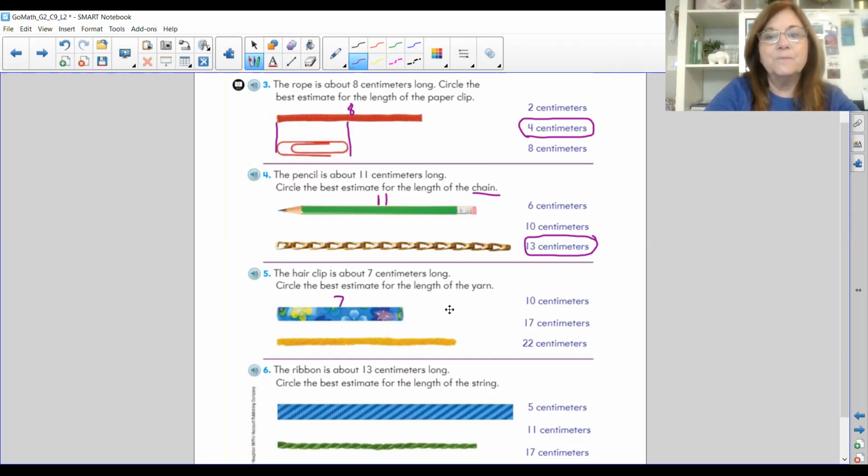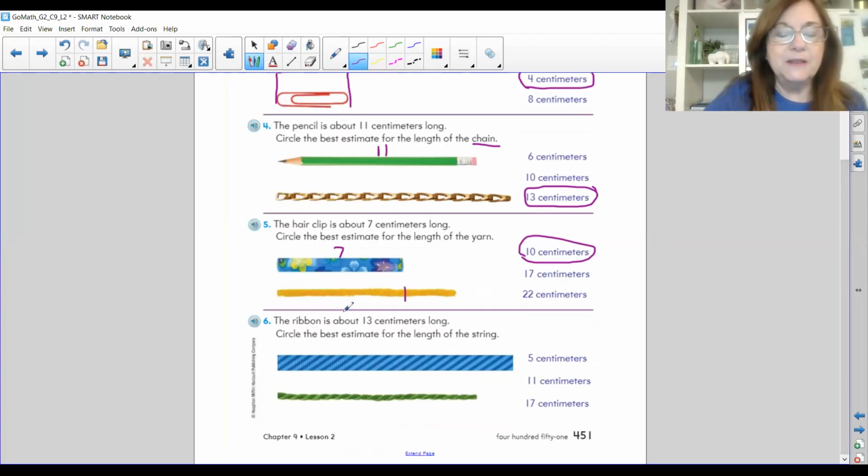Okay, so 10, think about that for just a second. Okay, so 10 centimeters might be pretty reasonable because this would mark 7, and then add a few more. 3 plus 7 would equal 10. Now 17, it would be 10 more centimeters would be about out here. So I don't think 17, and 22 would be way too long. So if you chose 10, that would be correct.